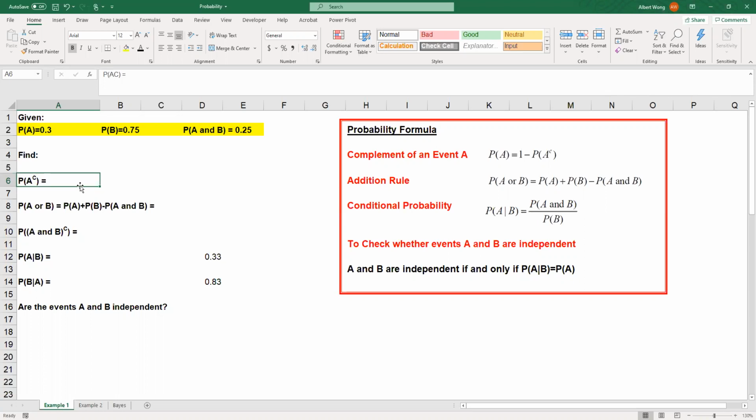The first one that we can calculate is the probability of the complement of A. In order for us to do that, we use this formula.